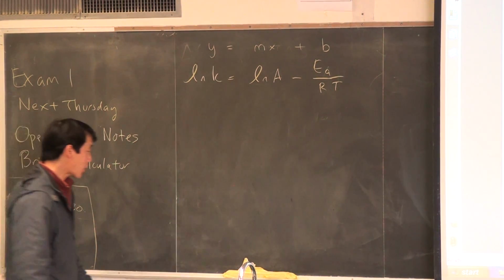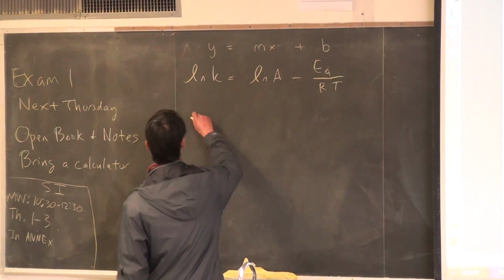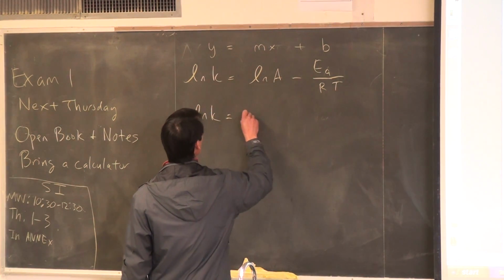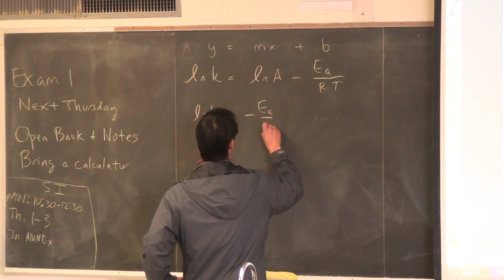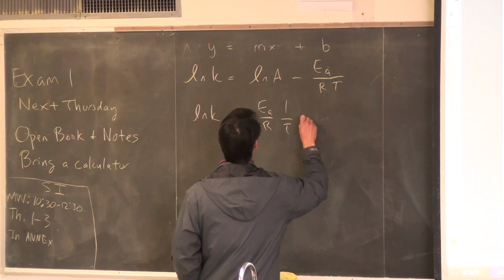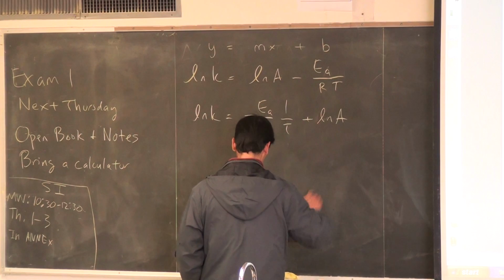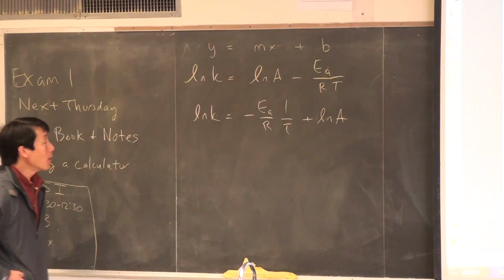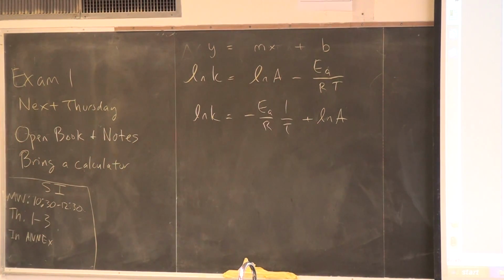So if we rearrange this equation this way, we have natural log of k equals minus Ea over R times 1 over T plus natural log of A. Based on this, can you figure out whether it's A, B, C, or D for what we're plotting?